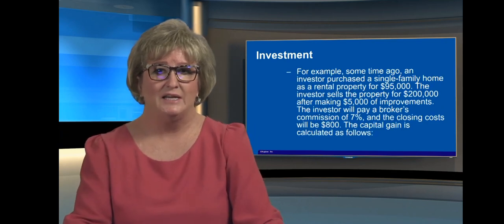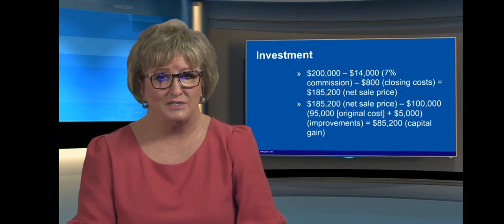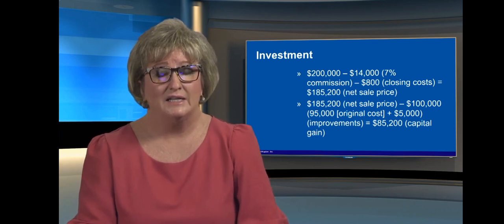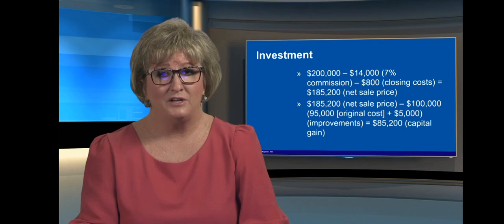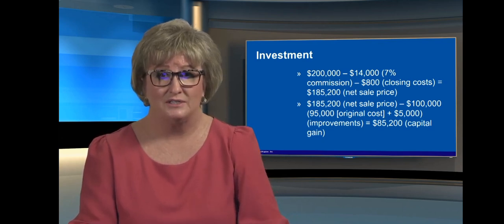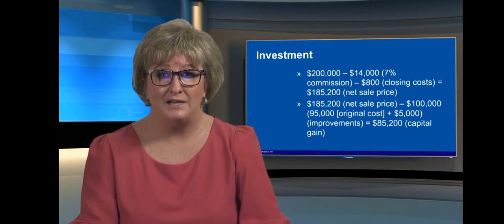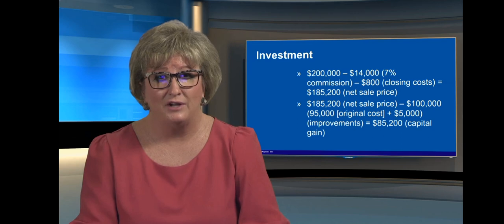We take the sales price of the house, the actual sales price, less the amount of the commission, which is 7%, which is $14,000, minus the total closing costs, which is $800, and we come up with a net sales price of $185,200.